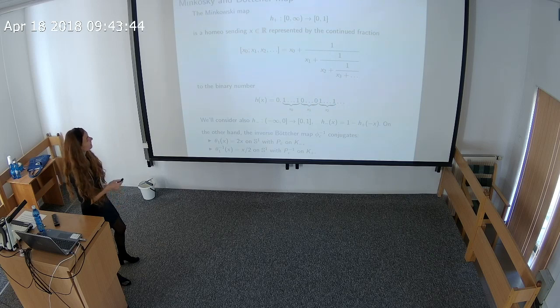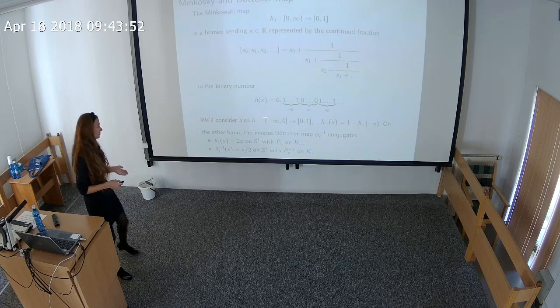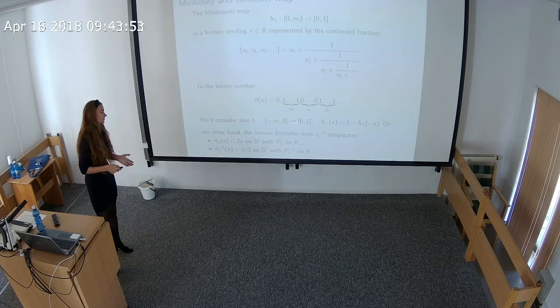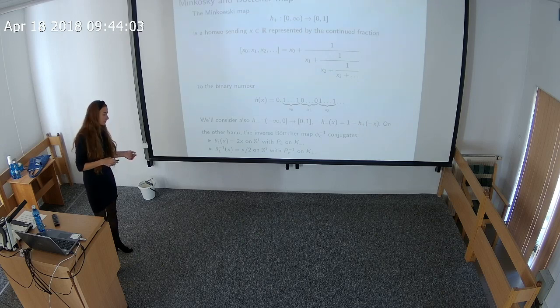So it sends 0 to infinity to 0 to 1. And then actually we consider not just the Minkowski map, but 1 minus the Minkowski map of minus x. And this one is the one that conjugates, that we work on minus infinity to 0.